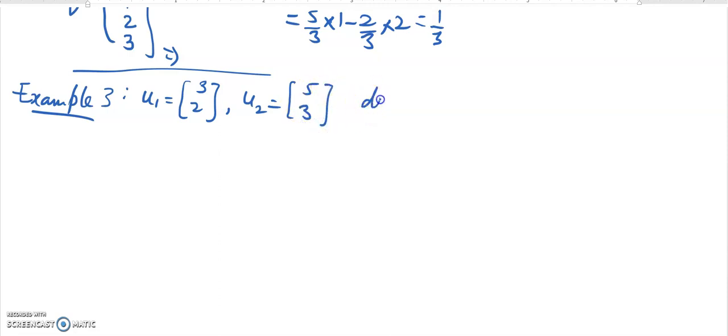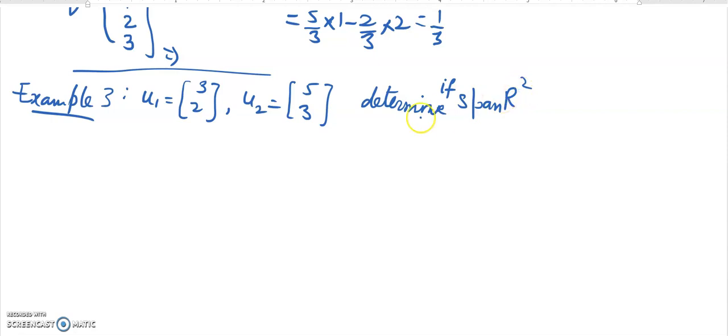and then determine if these vectors span R2. Okay, if they span R2, so R2 can be any vector.